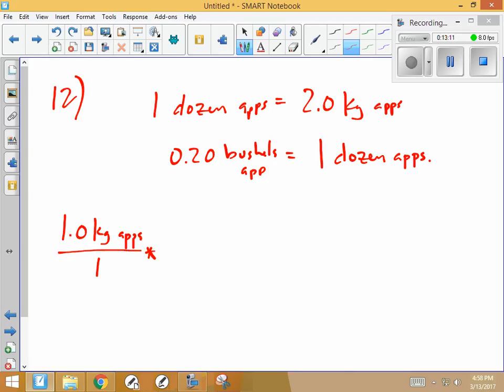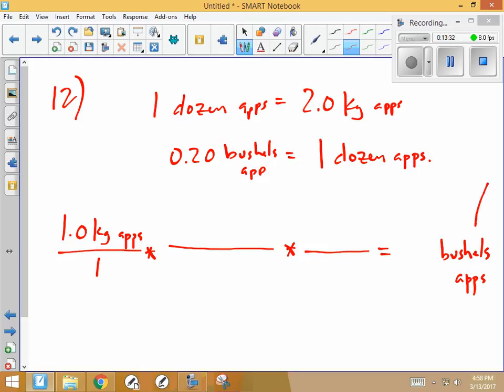And we need to determine how many bushels. So my answer is going to have units of bushels. I'm going to have a couple conversion factors. And so I'm going to go ahead and just anticipate 2.